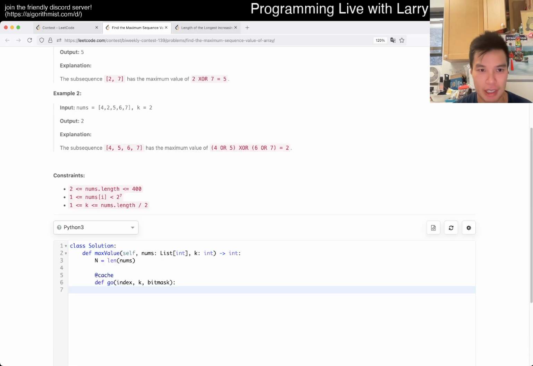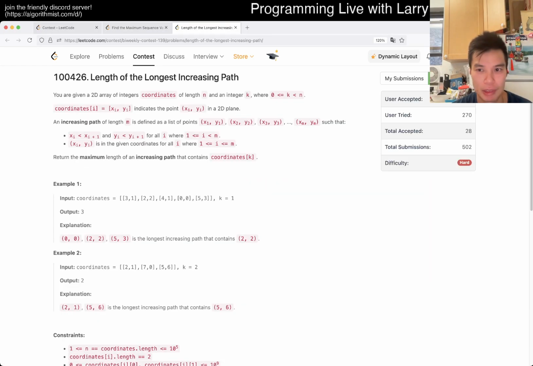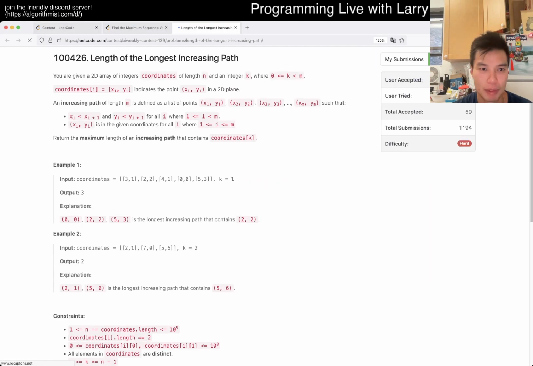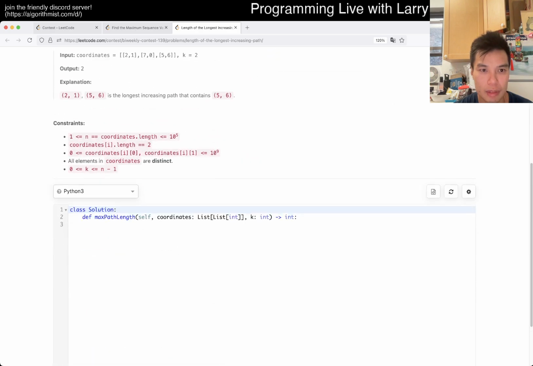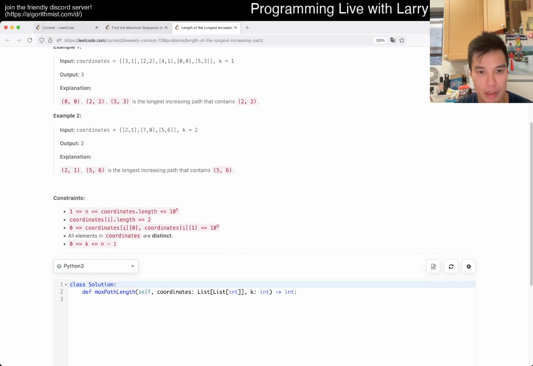I should have looked at the other problem. Alright, let's take a look real quick. That's more solutions. And 10 to the 5th is tricky.